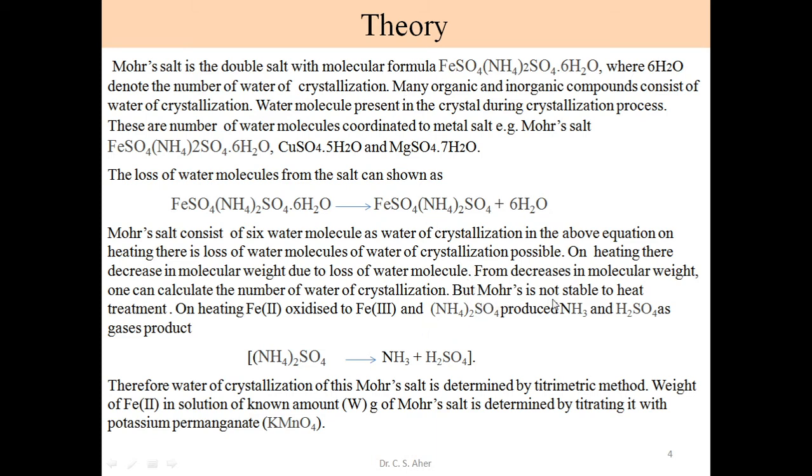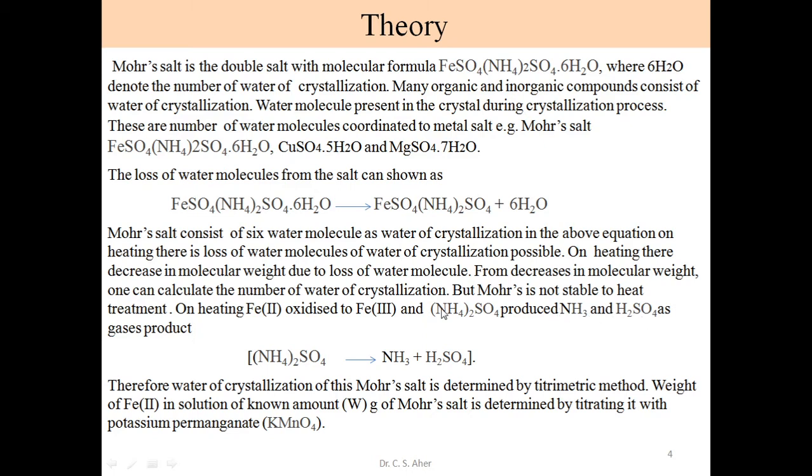Mohr salt is not stable to heat treatment. When we heat Mohr salt, the FeSO4, Fe2+ and SO4 2-, the Fe2+ is oxidized to Fe3+. Not only this, ammonium sulfate on heating produces ammonia and sulfuric acid as gaseous products. So along with water vapor there is a loss of these gaseous products, and the weight loss is not only the weight of water molecules but also the weight of these gases.